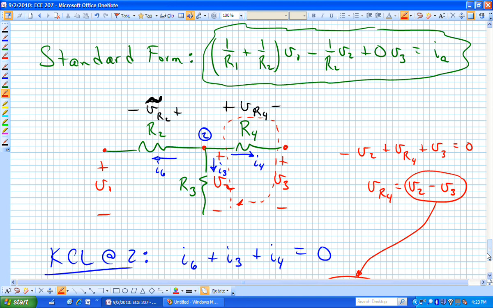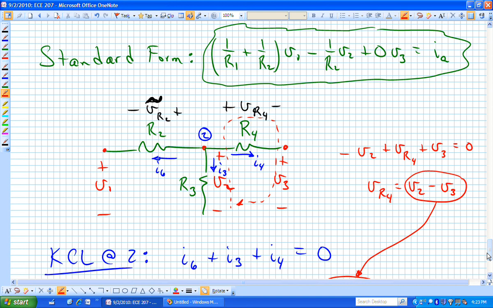And if there is a current going to the right, and if it is positive, then it's going to be V2 minus V3 divided by R4. If V2 minus V3 ends up being negative, it's taken care of. And we realize actually that I4 was supposed to be going the other way, but that's okay.